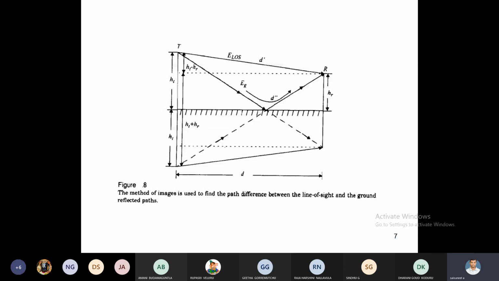The distance traveled by the ground reflected path. Here we have to show this dotted line from the dotted line to the top of the HR. Similarly, based upon the method of images, we draw a reflection path like a mirror.